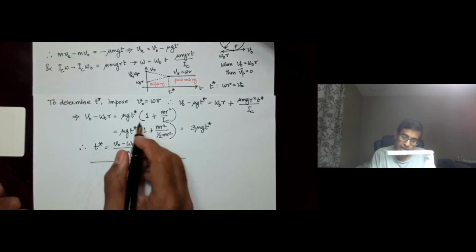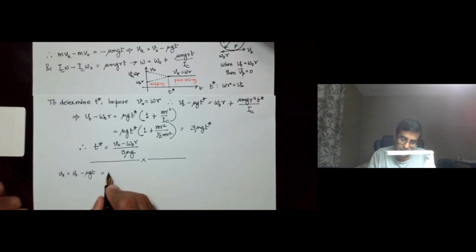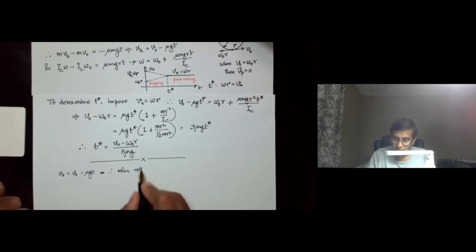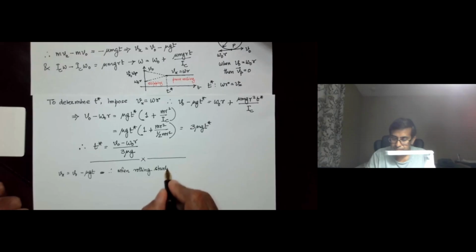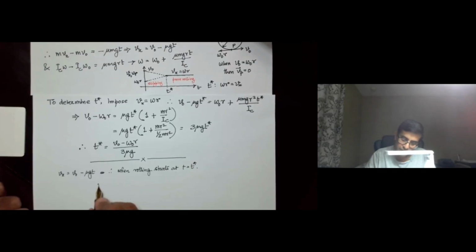That can be found quite easily, because we know that the velocity Vx is equal to v naught minus mu g t. So when pure rolling starts at t equals t star, v will be equal to v naught minus mu g t star, and t star is v naught minus omega naught r divided by 3 mu g.